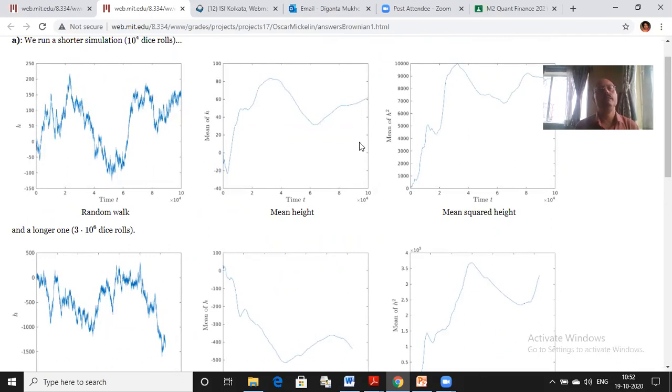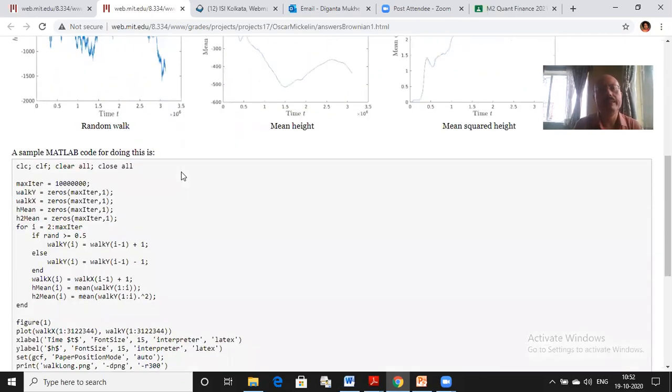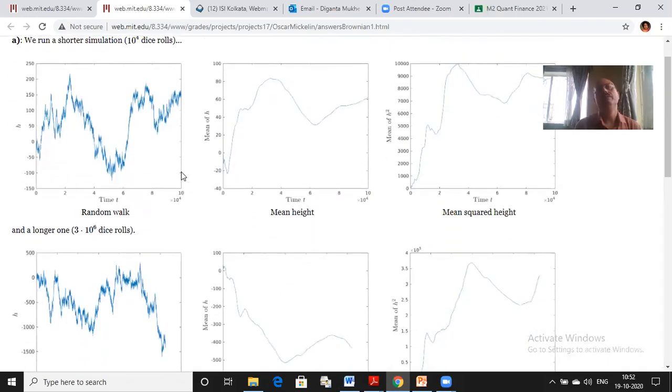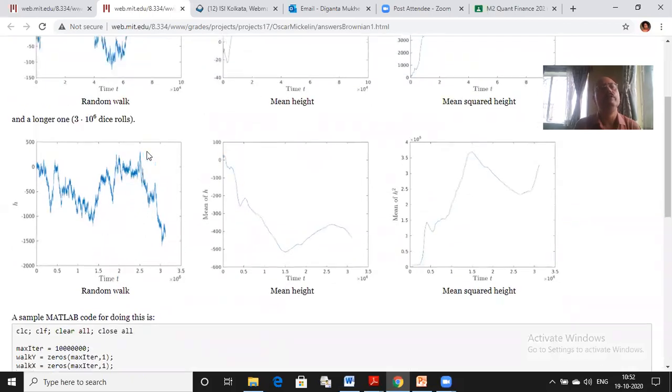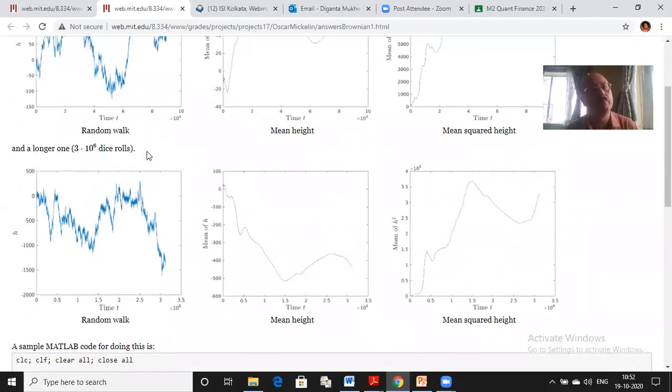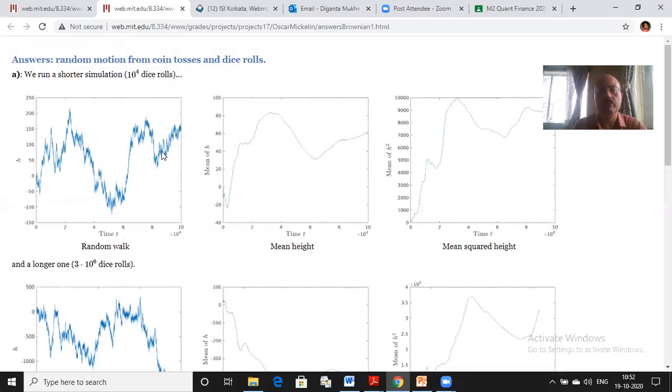If you do this for a long interval of time, you will get this kind of patterns, and these patterns are typically associated with the Brownian motion. Even though the generating process here is a discrete one, coin toss, but if you look at it for a large number of time steps, you let the number of time steps go to infinity, then this has all the properties of a Brownian motion, which is in principle related to the Gaussian process.